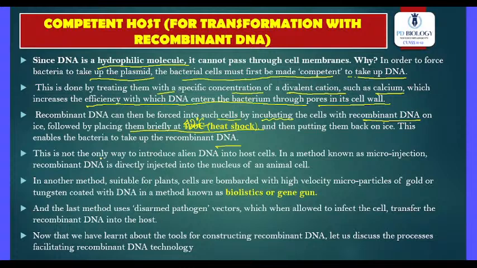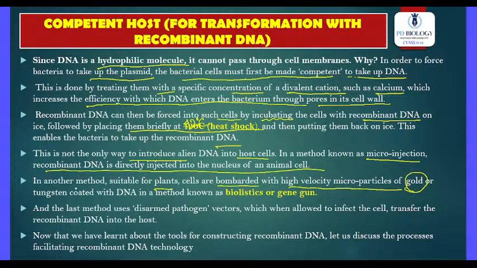This is not the only way to introduce alien DNA into a host cell. In a method known as microinjection, recombinant DNA is directly injected into the nucleus of an animal cell. In another method suitable for plants, cells are bombarded with high velocity microparticles of gold or tungsten coated with the DNA.